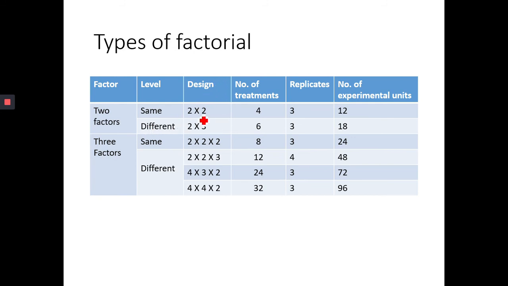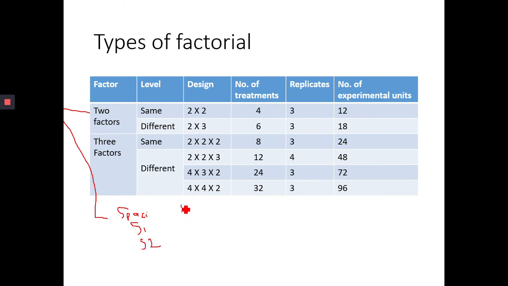If we are testing, say, spacing in an agronomic setup, suppose we have S1, S2. Now these are different spacing dimensions. And suppose we are also interested in two types of fertilizer, call them F1 and F2.